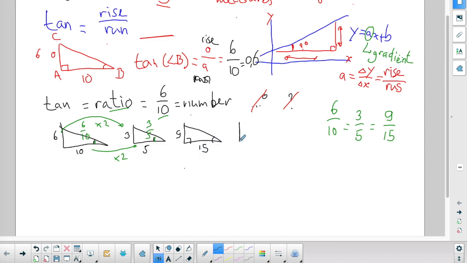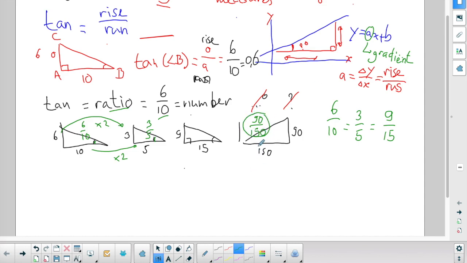I can draw it in the other way. Let's say I do 150 divided by 90. You see, it's always exactly the same ratio. So never forget, it's not more complicated than it looks. It's just a ratio.